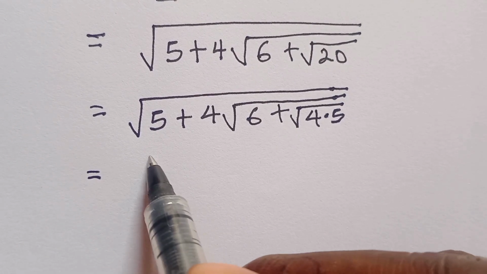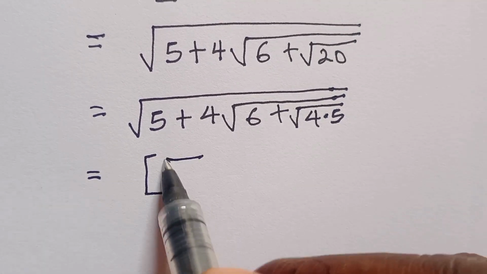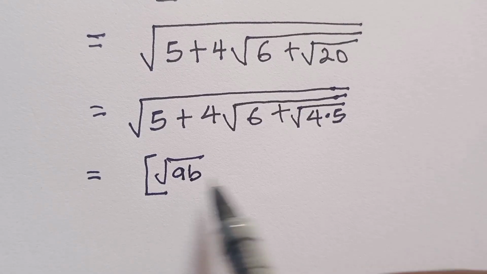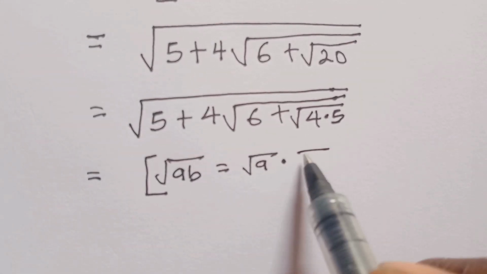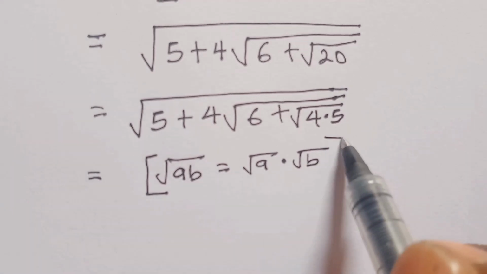That is, if you have the square root of AB, you can simply write it as the square root of A multiplied by the square root of B.